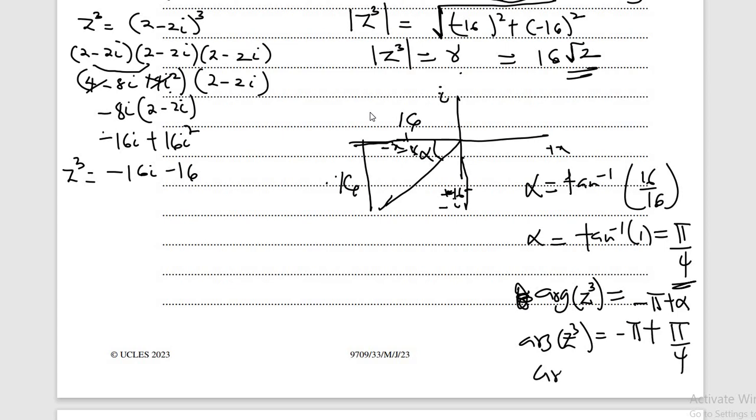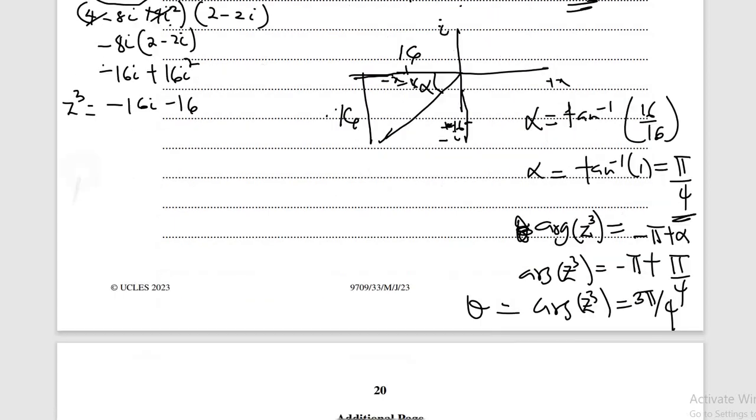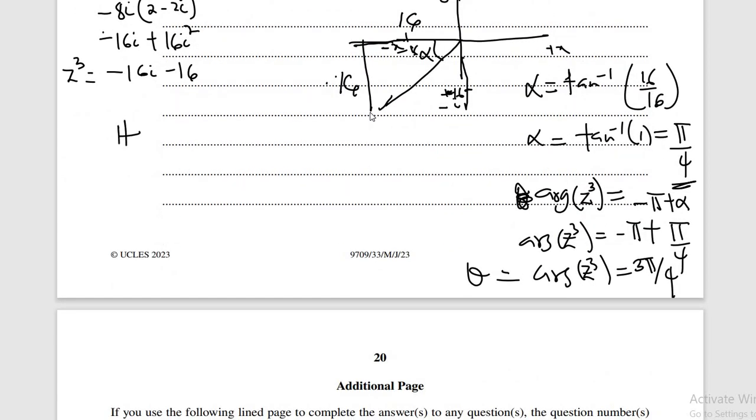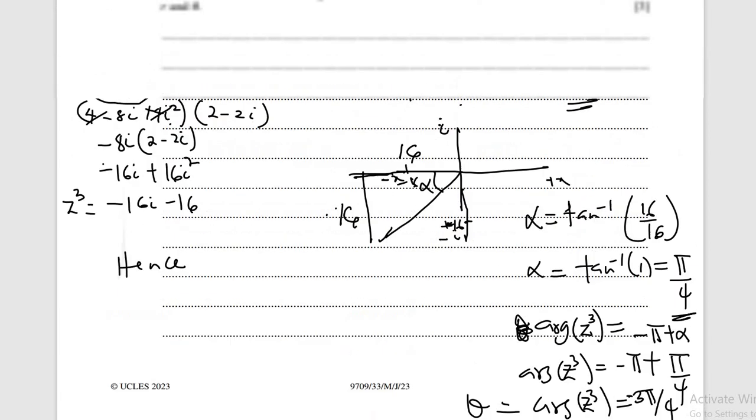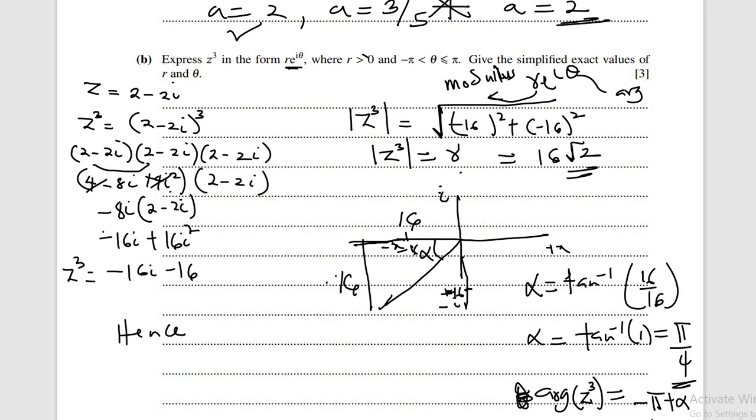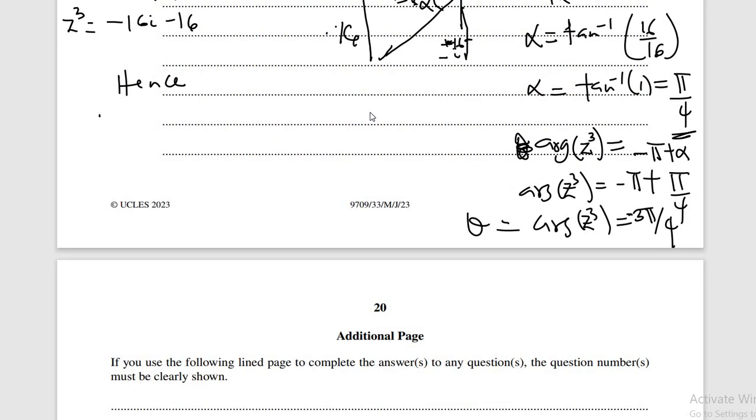At the end of the day, the argument, which is also theta, is minus 3 pi over 4. Hence, the expression of z cubed in form of r e to the i theta will be 16 root 2 e raised to power i theta, and our theta is minus 3 pi over 4. That's the answer.